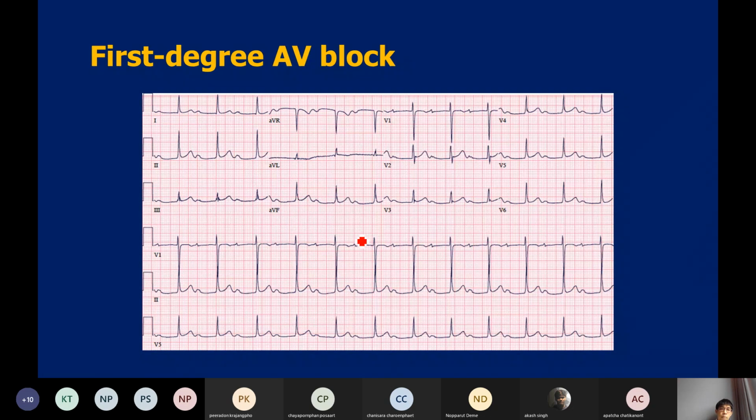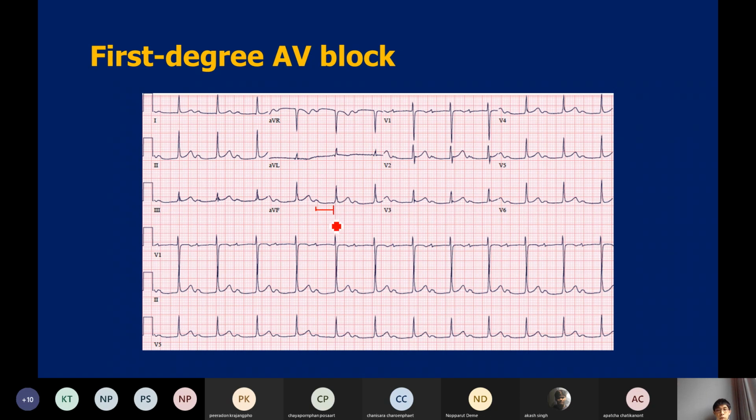The first type of AV block, or the less severe type, is the first degree AV block. You know that the AV node is in the junction between the atrium and ventricle. So when there is some abnormality of the AV node, it would show in the ECG in the area of the PR. The PR interval here represents the AV node.